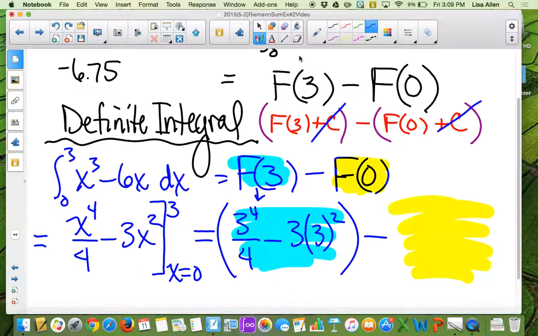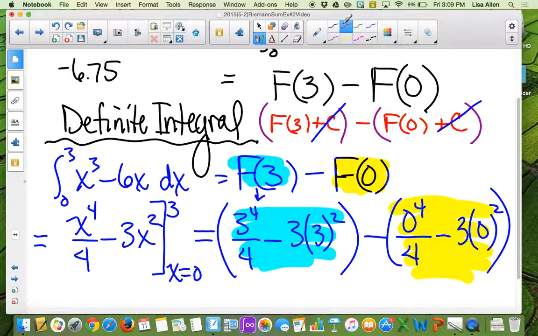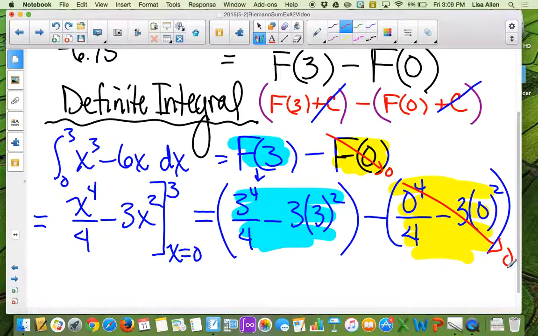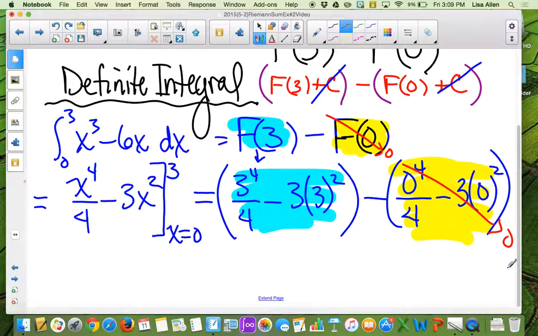Some people are already thinking, I don't even know why we have to do that. Sometimes you realize that F of 0 is 0, but you must be careful because it is not always going to equal 0. You can see at this point that it is 0 because we have a polynomial, and when you evaluate a polynomial at 0, when there's no constant, of course it's going to be equal to 0. There's no plus c or plus a constant on the end.